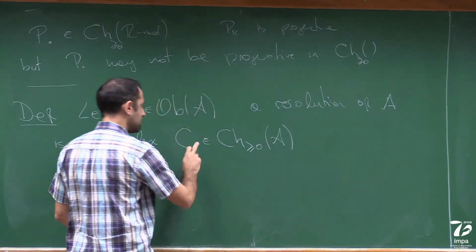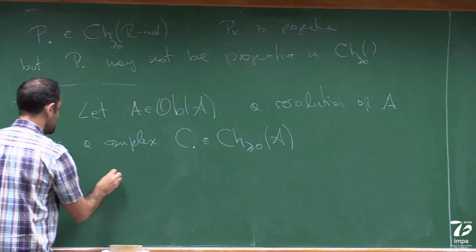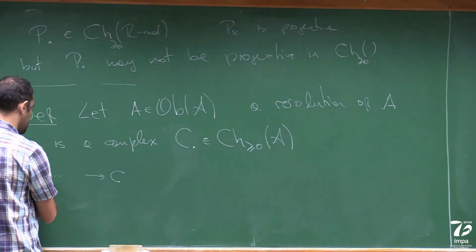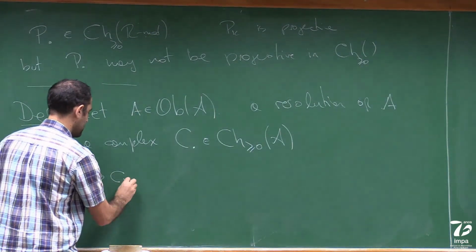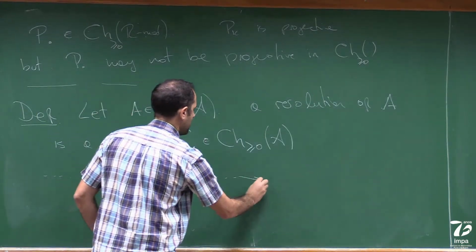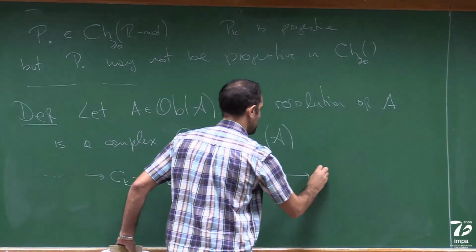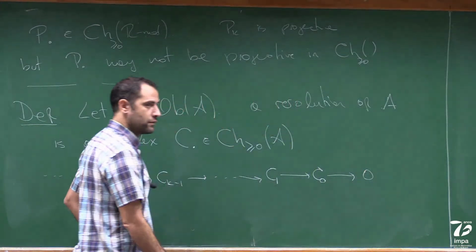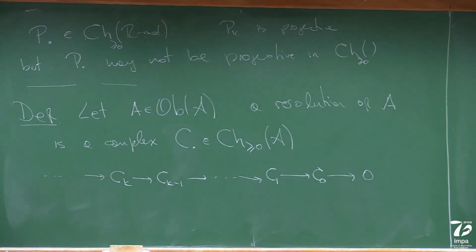So this is a complex. This is bounded below, so this means it's a complex that just may start, may not start. It has some Ck going to Ck minus 1, and so forth, C1 to C0, and then to 0. So requiring that this is bounded below.